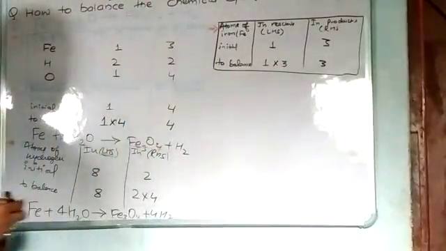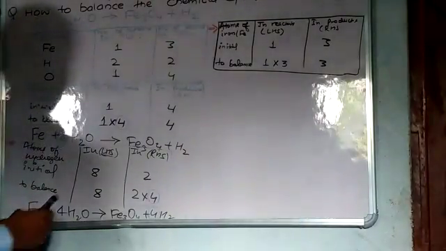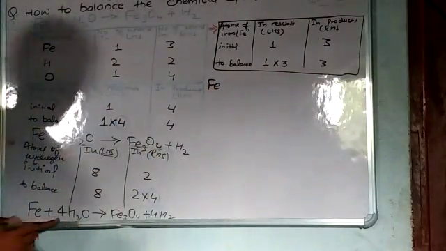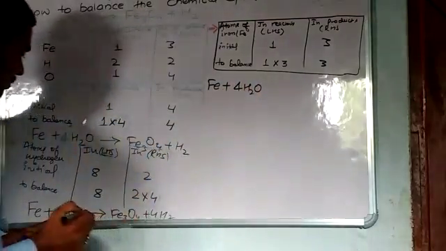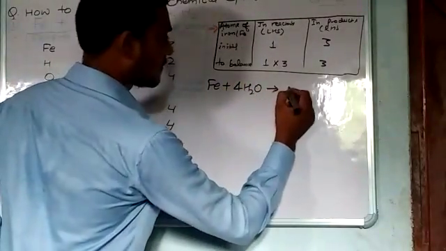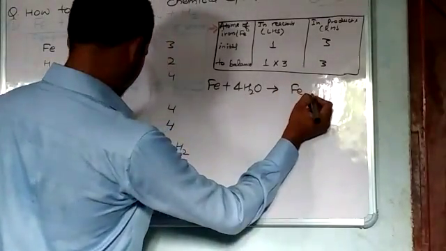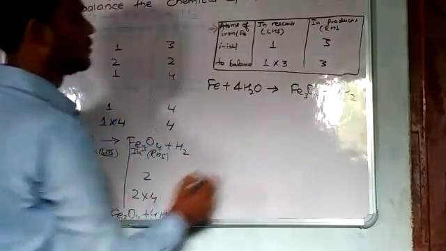Okay, now we have the balanced chemical equation, which is Fe plus 4H2O makes Fe3O4 plus 4H2.